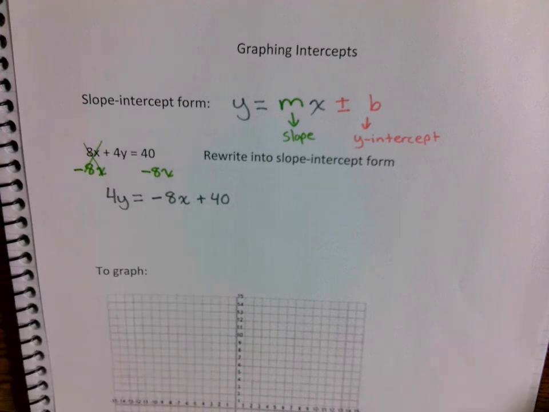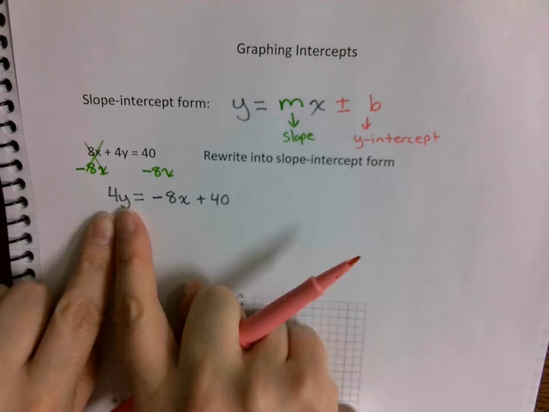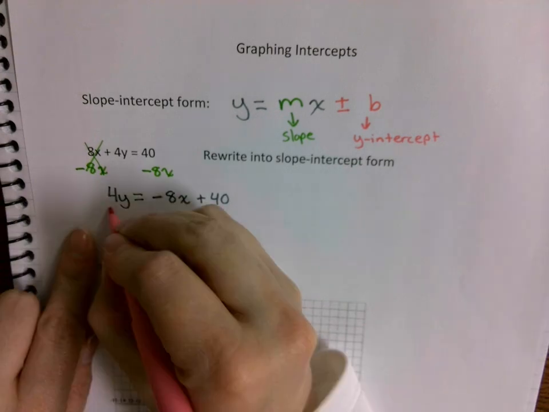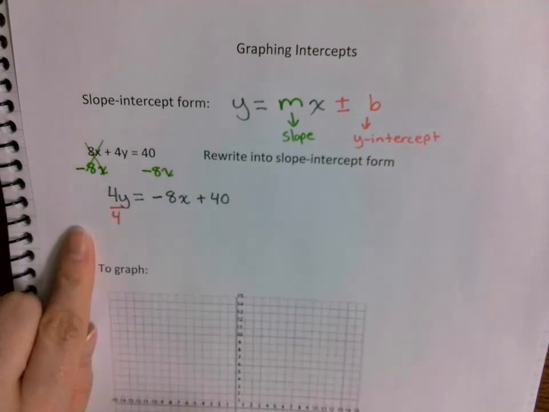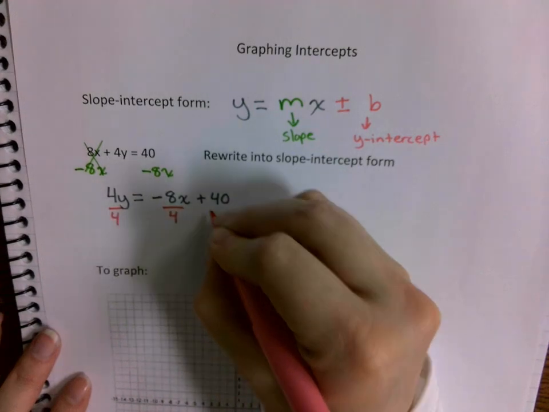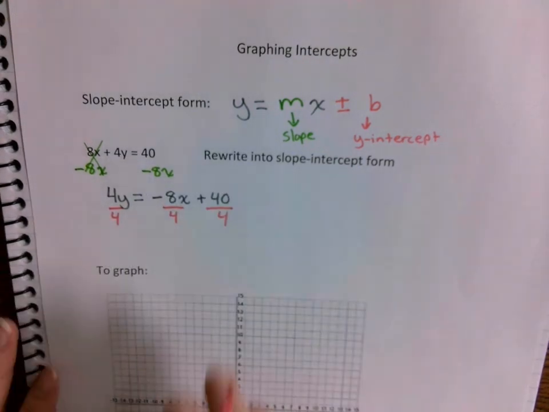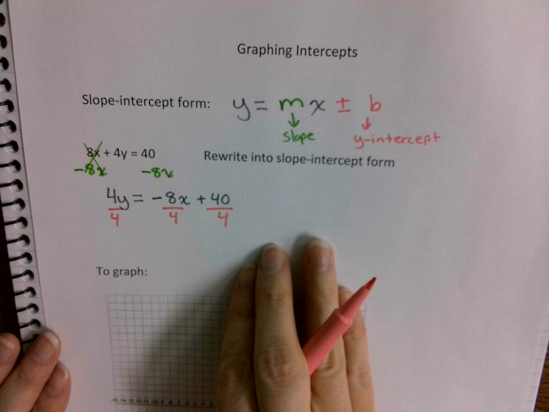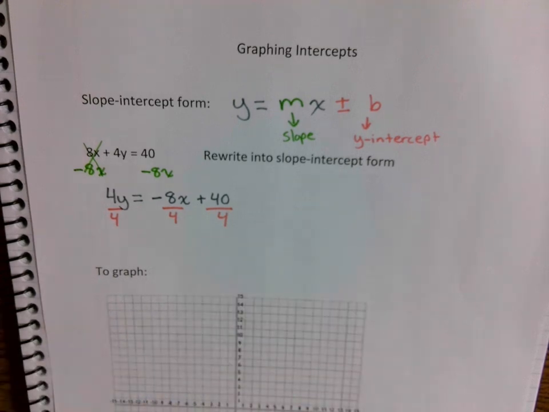The last thing, again, that we're supposed to do is to isolate the y using division. So we're not just going to divide the y by 4, and we're not just going to divide the x term by 4. We divide every number that we see by 4. Every number gets divided by 4. So that way the y is isolated.